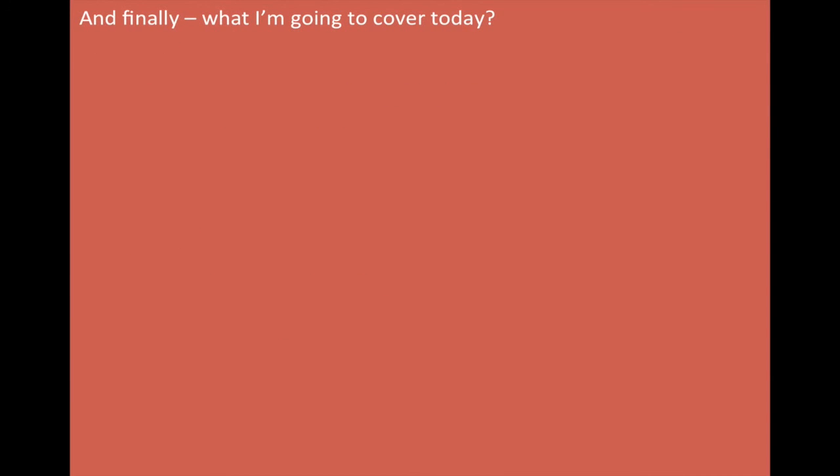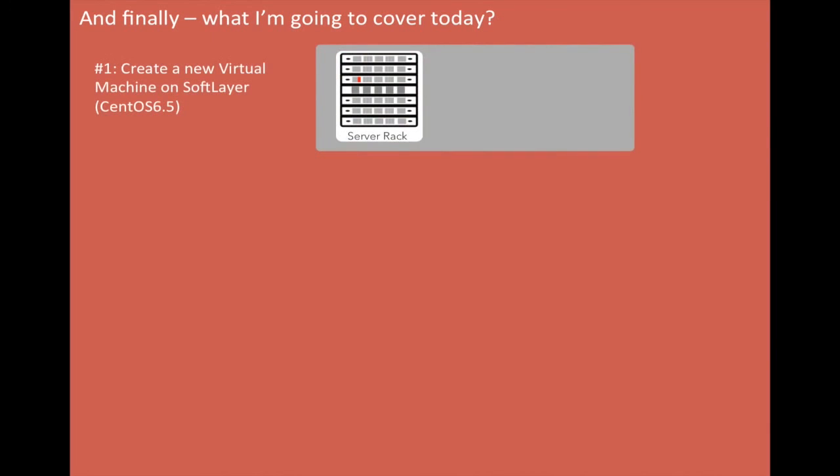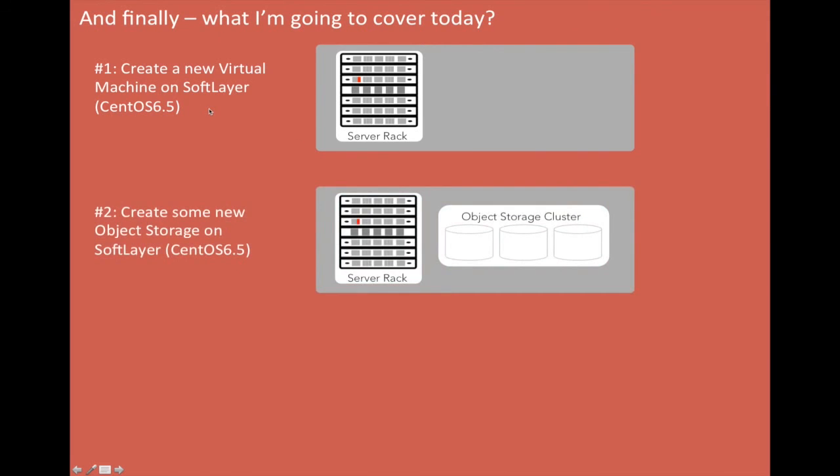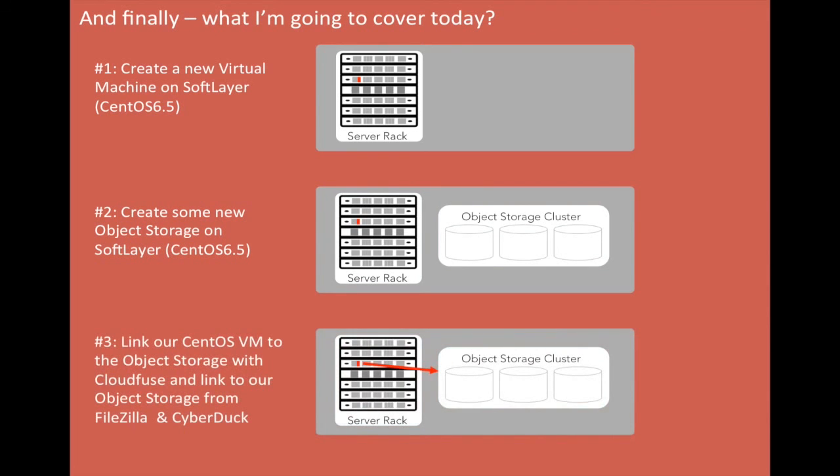So what are we going to cover today? Well, today we're going to go through creating a new virtual machine. So here's our little virtual machine here on SoftLayer. I'm going to use CentOS again because it's just what I'm used to. We're going to create some new object storage, and then we're going to link our CentOS virtual machine to that object storage so that we can actually see the object storage cluster from our virtual machine.